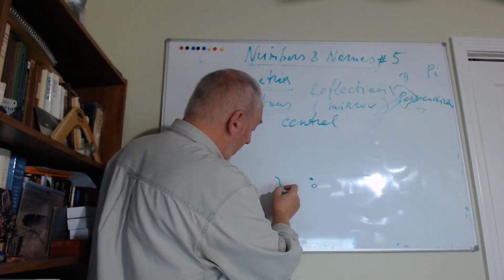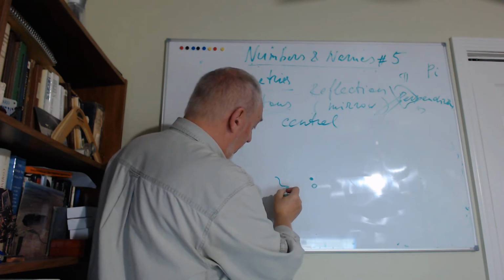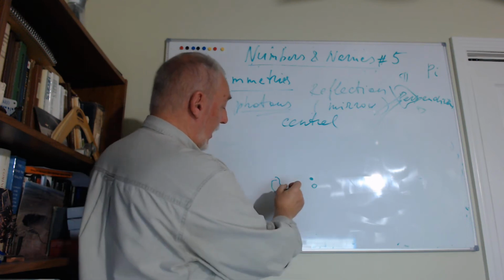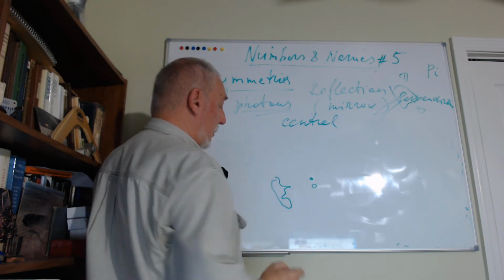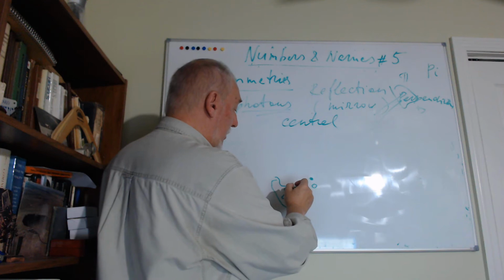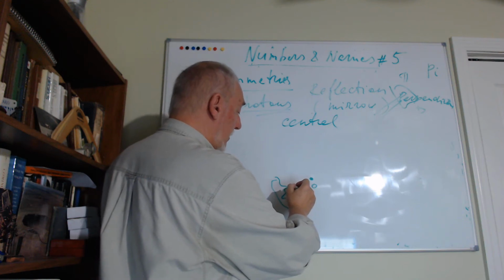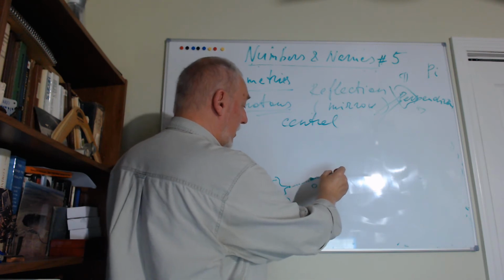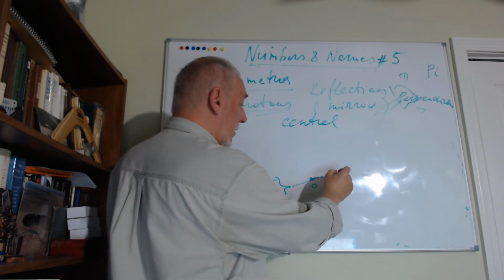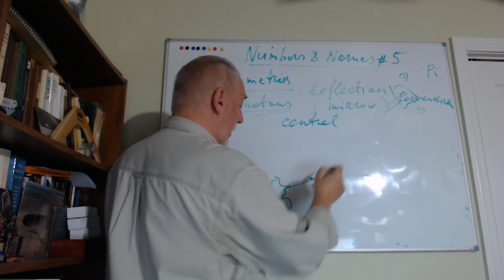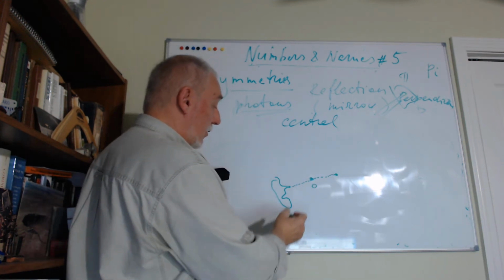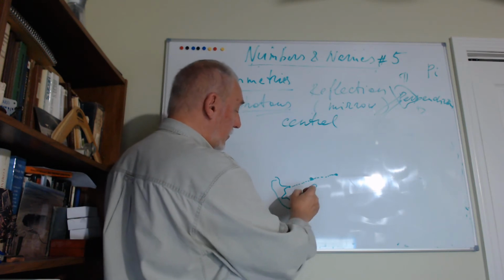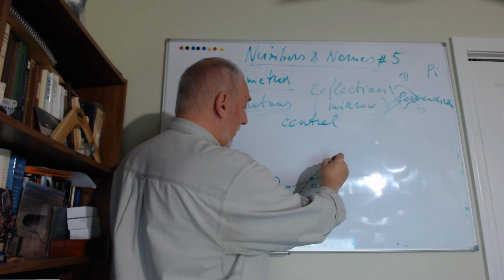For example, we have some face, right? We take one point, like the tip of your nose, and pass a straight line right through the center, and then continue the same distance after the center. Then we take another point, for example our cheek, and we continue it here, and we have it here.